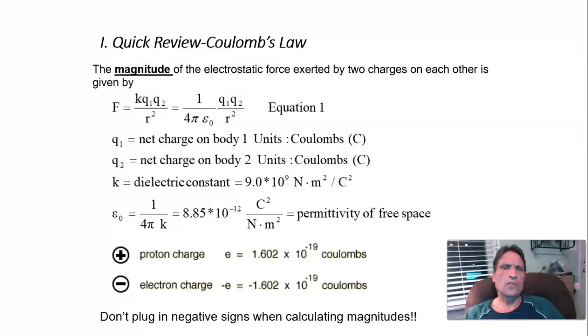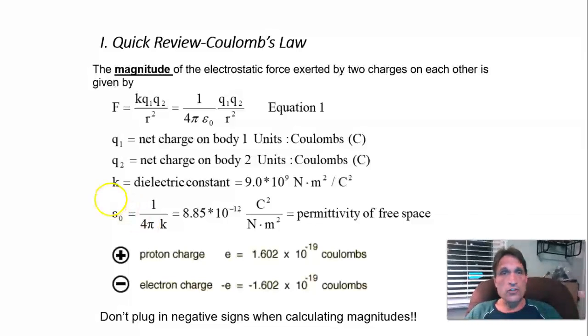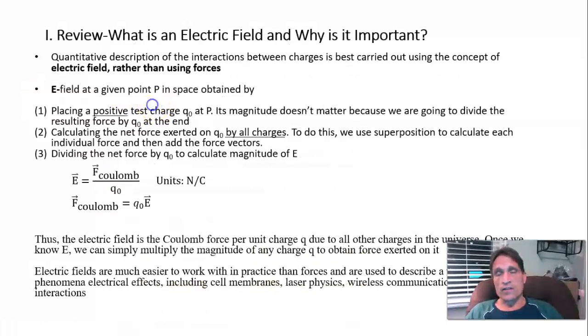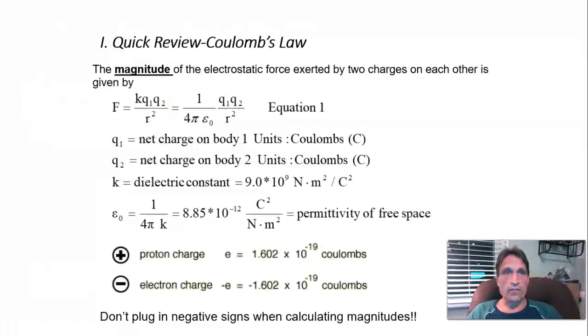If you have Coulomb's law, so if you have two charges and the magnitudes are Q1 and Q2, we can calculate the magnitude of the electrostatic force that they exert on each other.